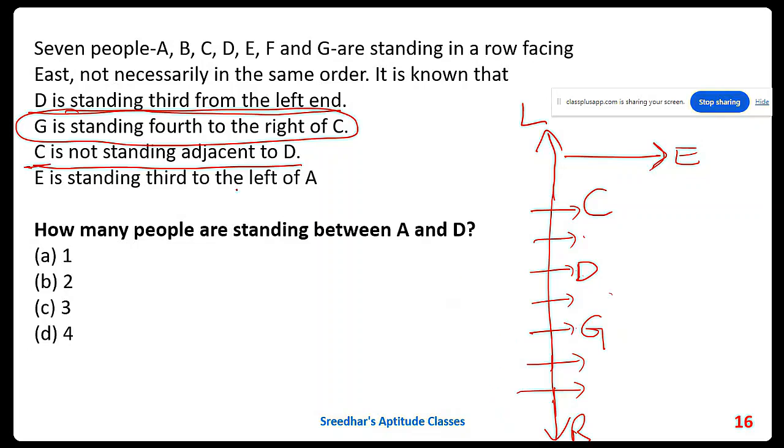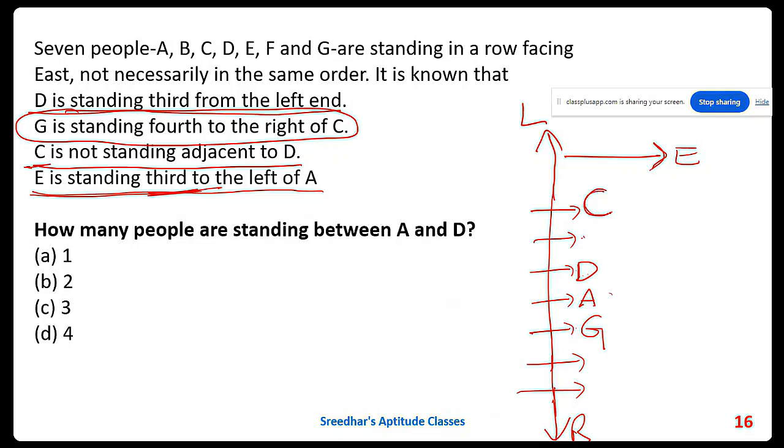Okay. Next. E is standing third to the left of A. Now, let me take E here, A here. If I take A here, then E is third to the left of A. Is the third to the left of A vacant here? No. Here 1, 2, 3.